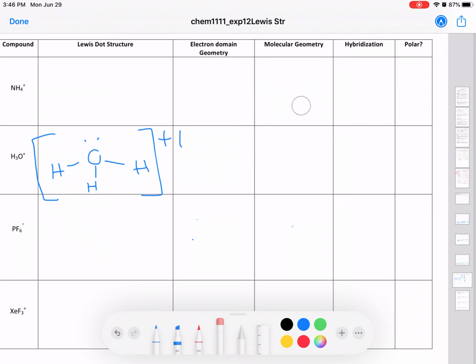And for hydronium ion, let's see the electronic geometry. What's the electronic geometry for the hydronium ion? How many electron groups are there? So this is one group, and then with the 3 bonds there are 4 groups. So when you have 4 groups, what's going to be the electronic geometry? That's going to be tetrahedral.